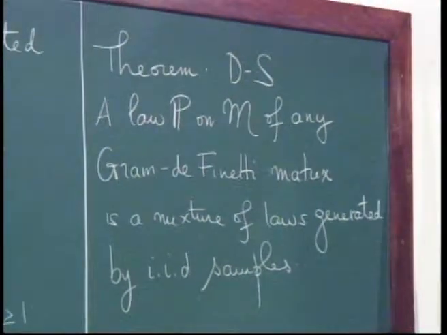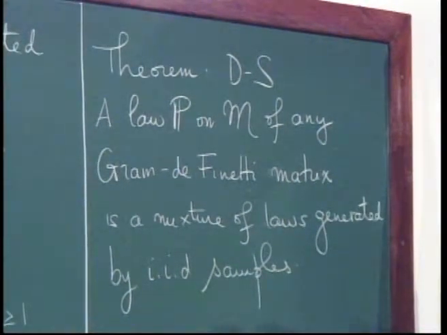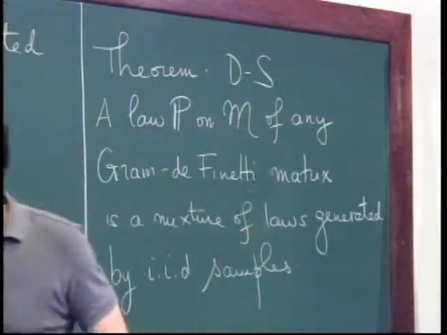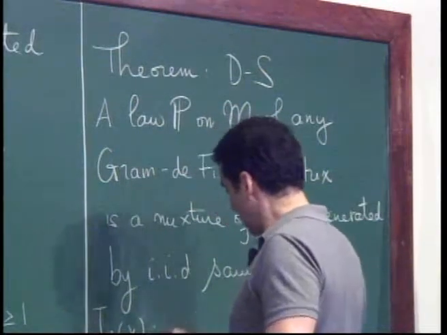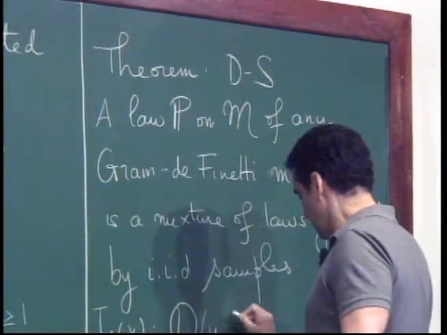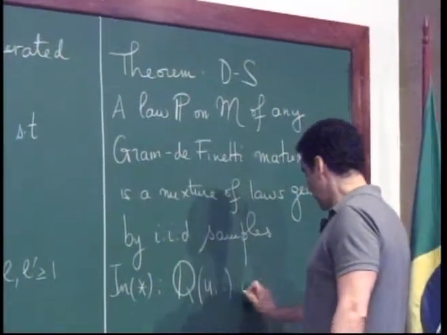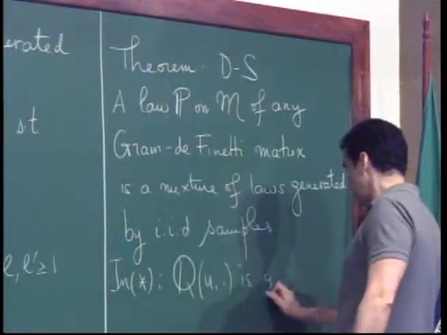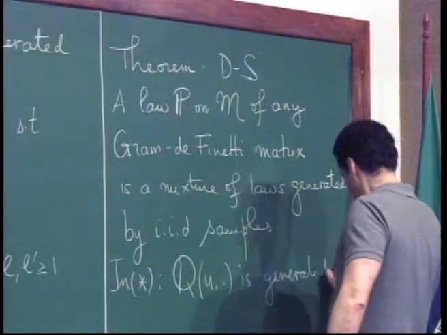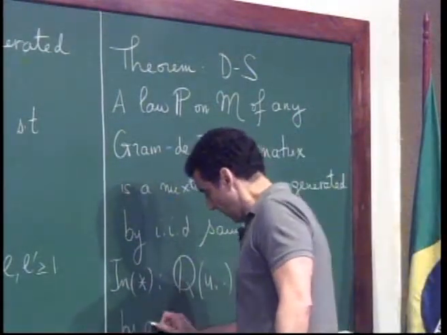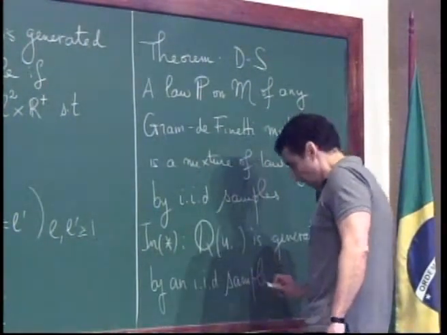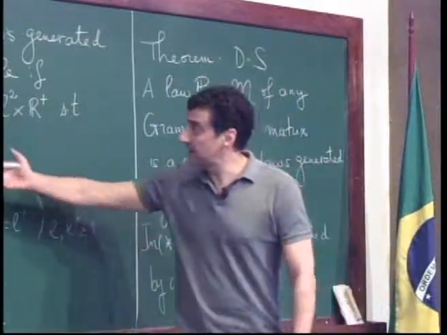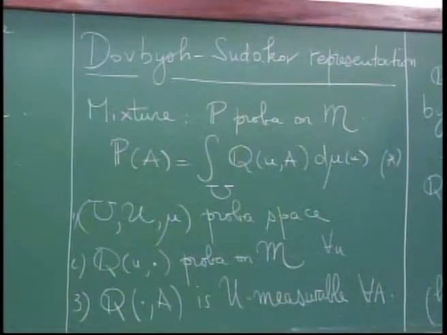All right, so you have this formula. It means that in star, QU is generated by an IID sample, which means there exists an eta U. Another way to say that is the following.